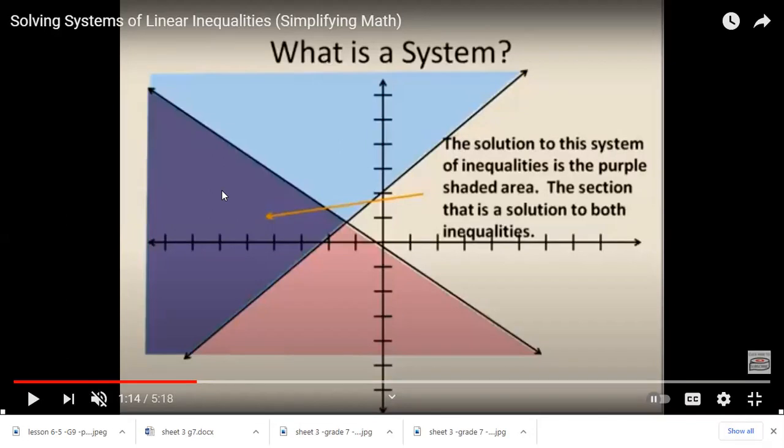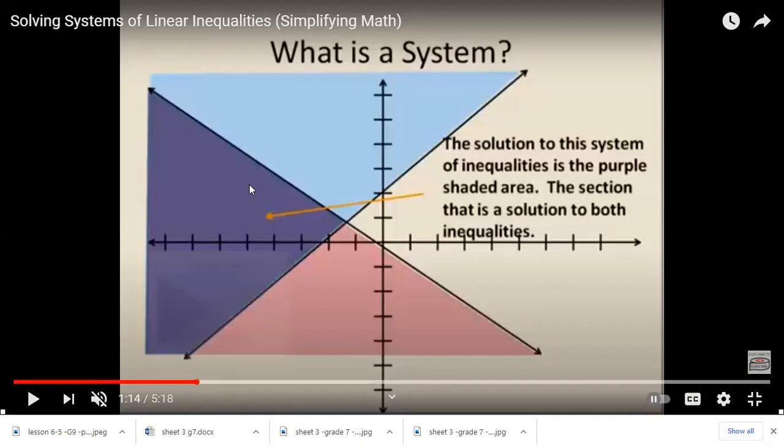It is the solution to both inequalities. Yes. The purple region is a solution for both inequalities. So we are going to represent the first inequality, and then we will represent the second inequality, and the common region between them will be the solution for this system of inequalities.